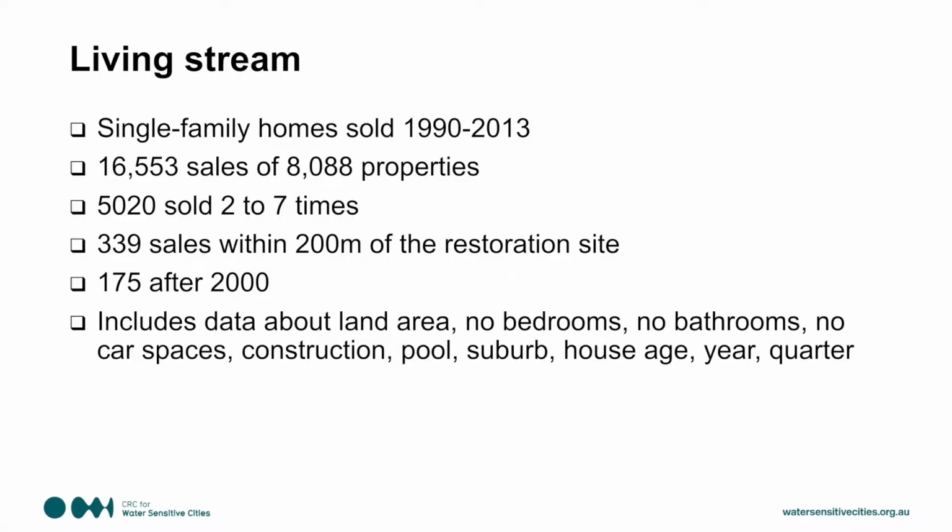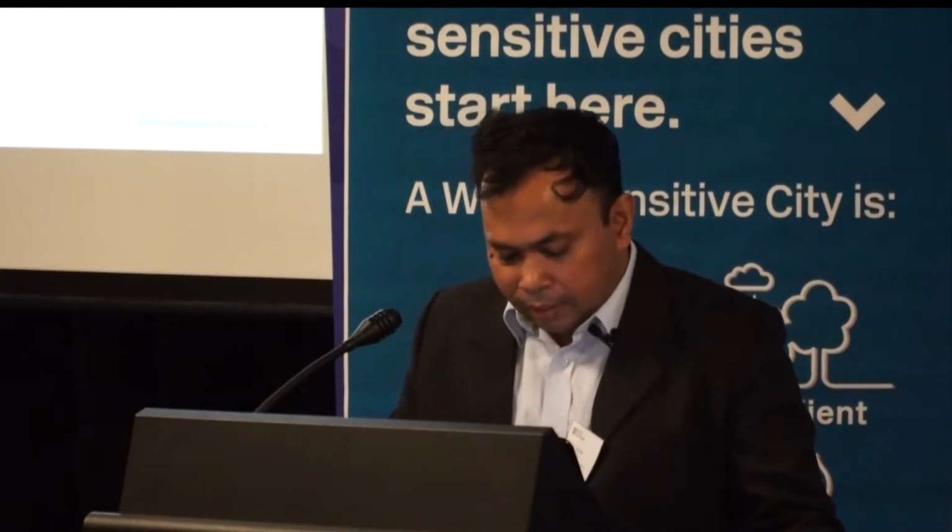We collected lots of sales data, around 16,000 observations, and we looked at how many of them were sold before the construction of the project, how many after, whether it's within a buffer area, within the impact area, which we considered as 200 meters, or outside of that impact area, and then compared the changes or the trend in price within the buffer and outside of the buffer, to find out the impact of this improvement project.